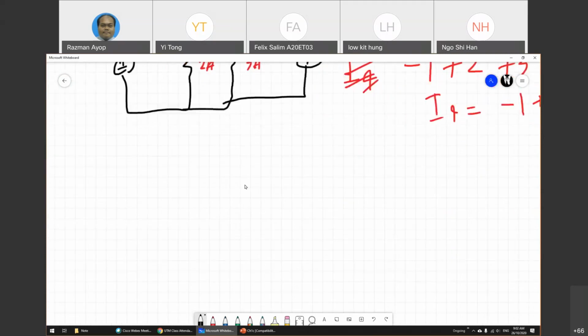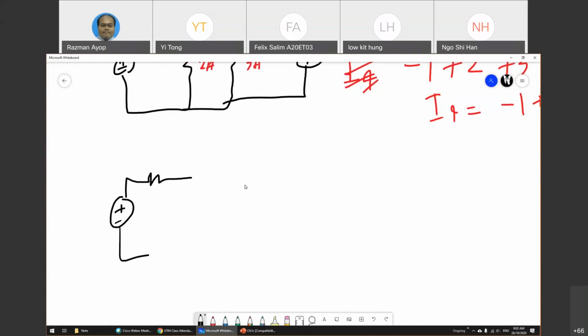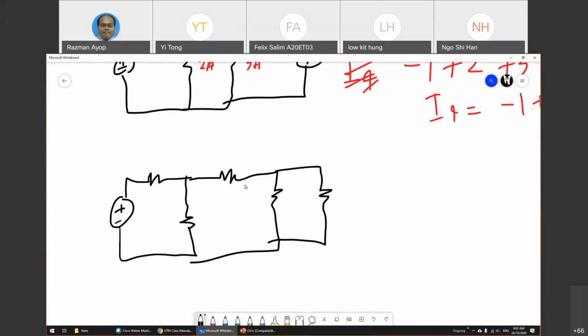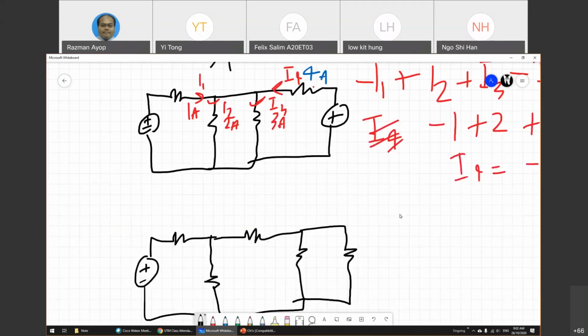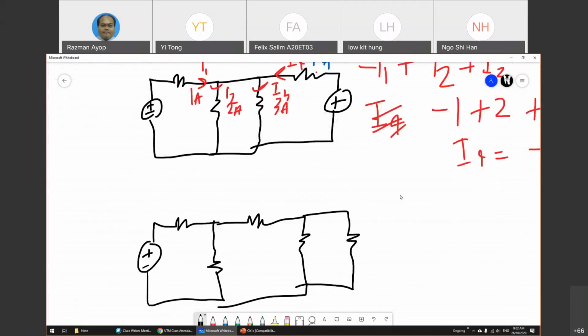Okay, you have 2 nodes, right? For this case, you actually have 3 nodes.